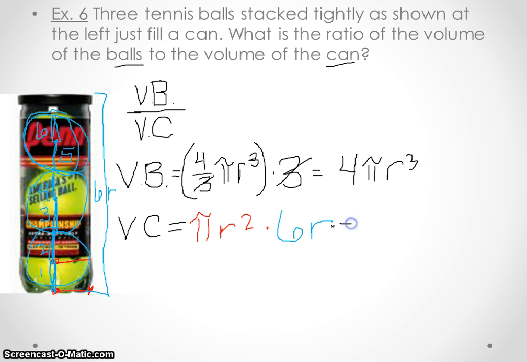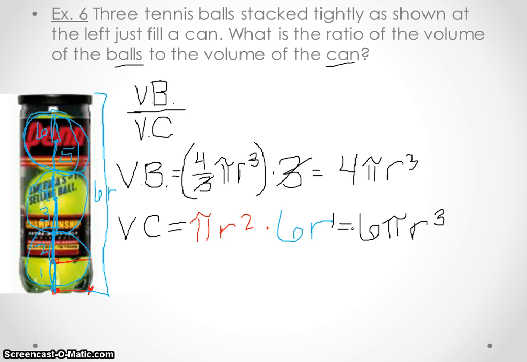So 6 just goes out front just like our 4 did. 6, then we have pi, of course. And then our r's, now we have r squared times r to the first power. If we multiply our bases, we add our exponents, so this becomes r cubed.